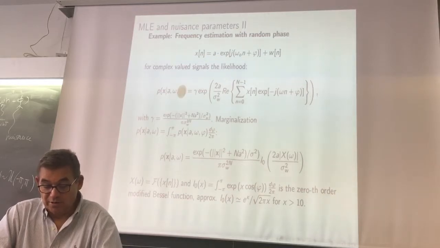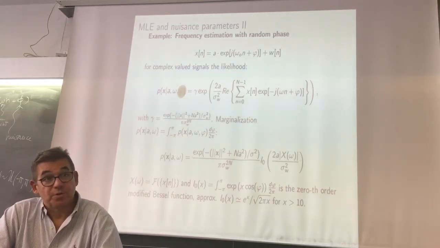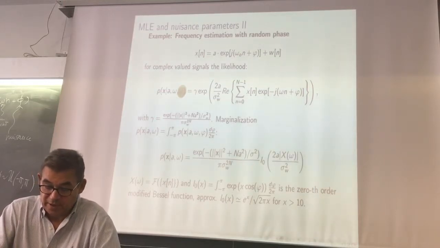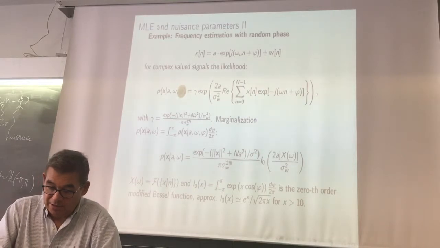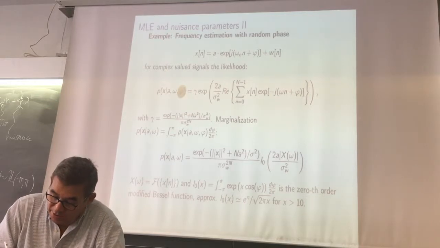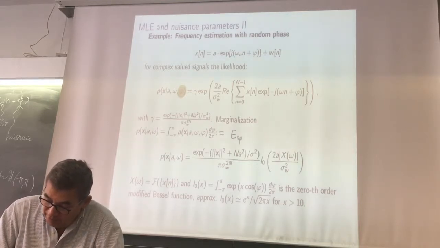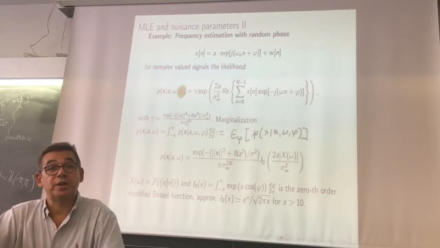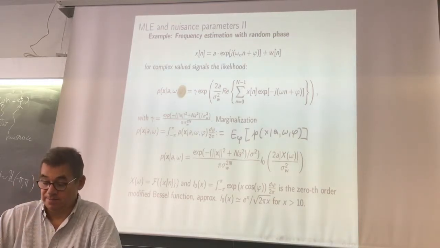And so what I can do is average with respect to the nuisance parameter. So this means specifically that I can calculate this marginalization. The marginalization here is the expectation with respect to phase phi of the probability of x given a, omega, phi. I'm removing the dependency on the phase.